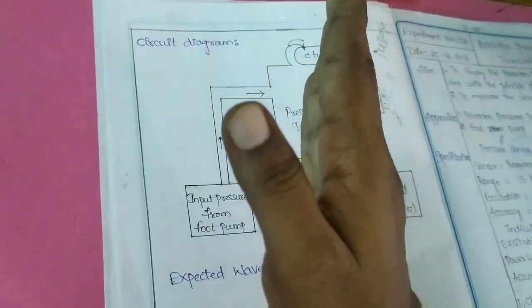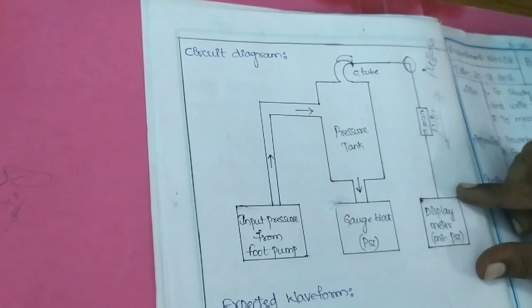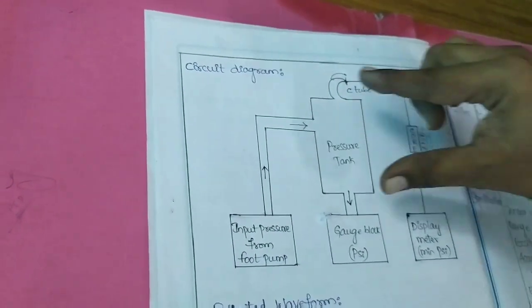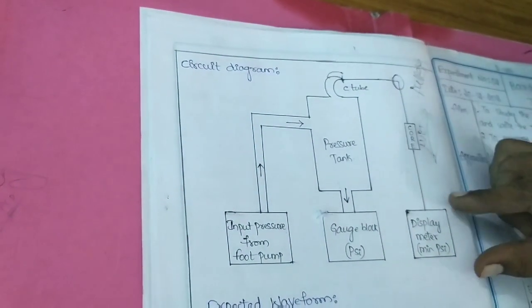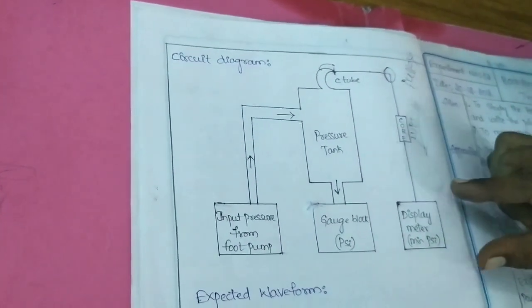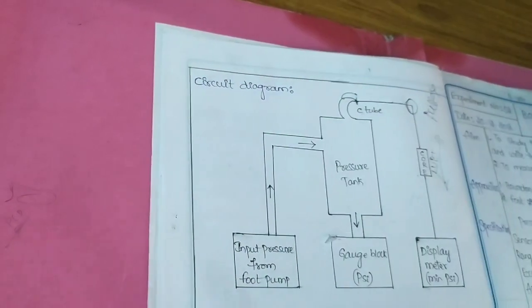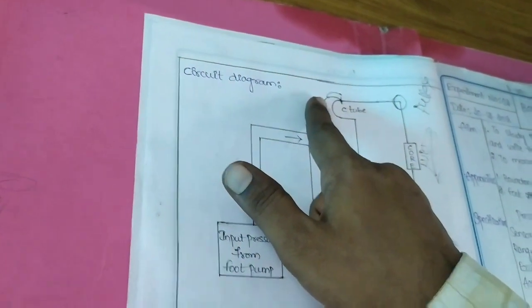So finally, pressure is converted into PSI here. In this experiment, first we are going to measure the pressure, then we are converting that pressure into some displacement. This displacement is shown by this LVDT. That's why totally 2 transducers will be there. The Bourdon pressure tube is the primary transducer.